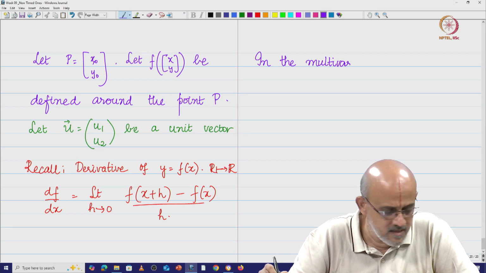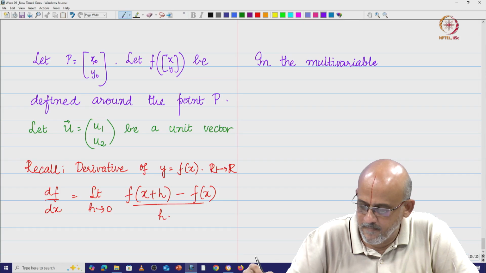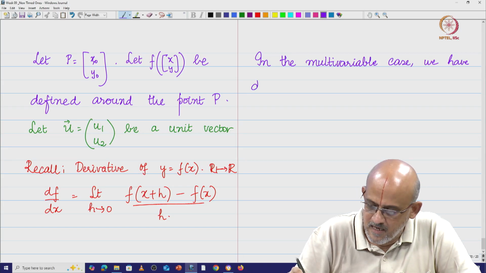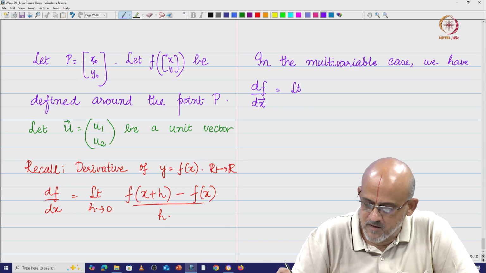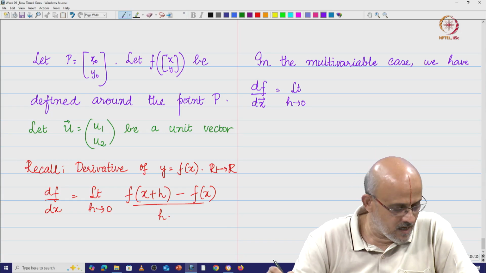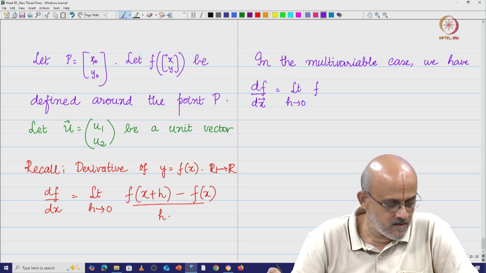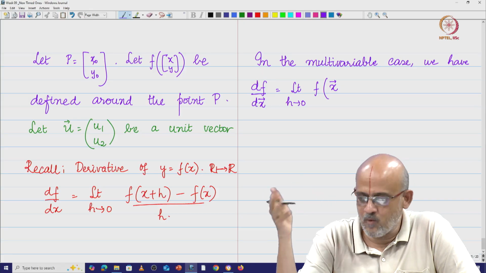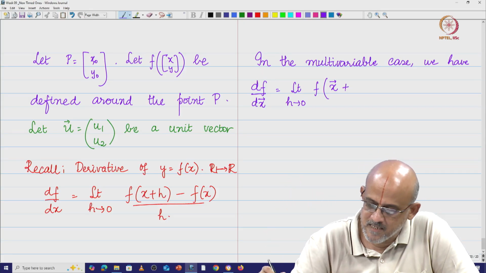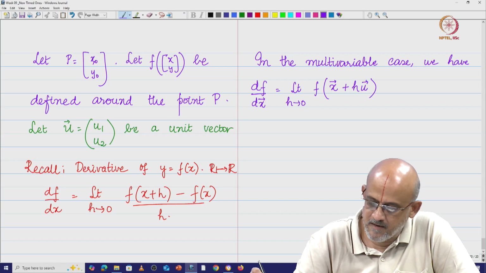In the multivariable case we have, let us say, I will use this notation to say that df by dx vector, this collection of basically all the derivatives, is going to be limit h tending to 0, this is still there, of f of the vector, let us say I have this x vector here which is going to have the components x naught and y naught, or x comma y, I am just going to call that x vector, plus h times this u vector, minus f of x vector, divided by h.